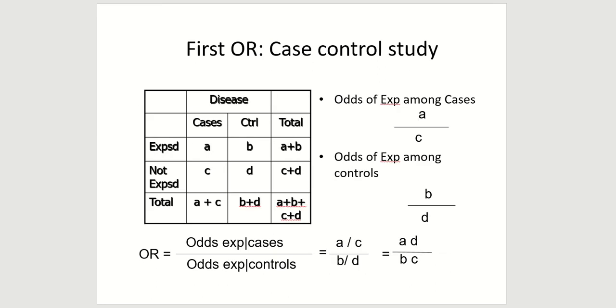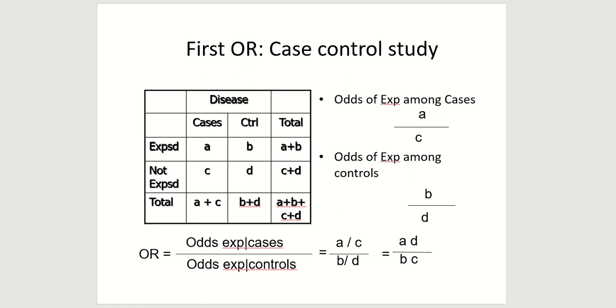All right. So the formula that I showed you previously: the odds of the exposed among cases is A over C. The odds of the exposed among the controls is B over D. And when you rearrange things, you go back to AD over BC, which I already told you, so you get the same formula.